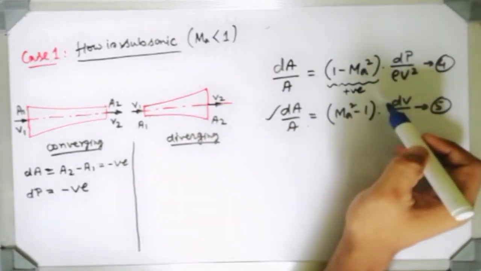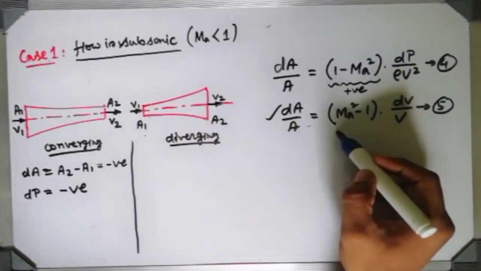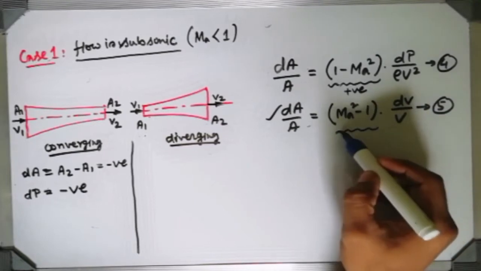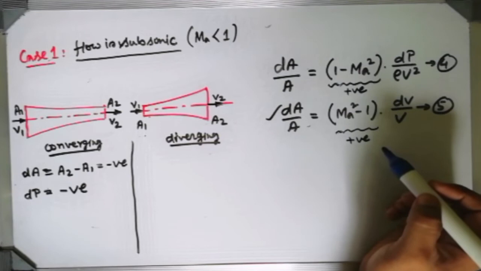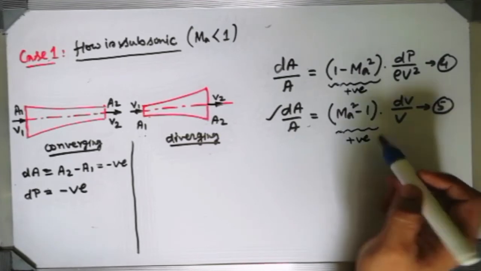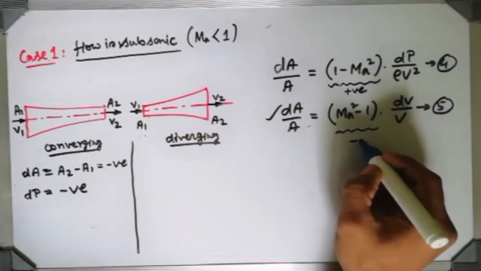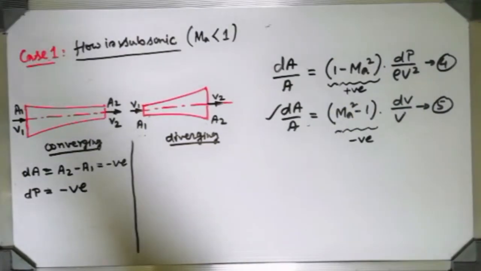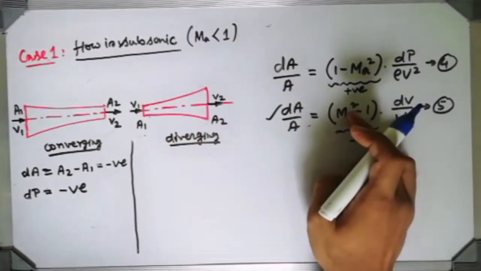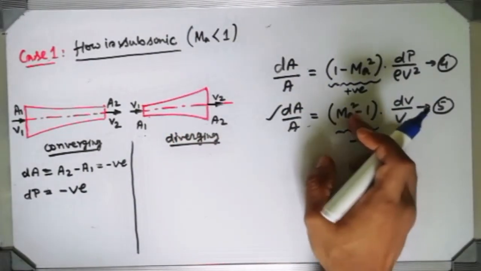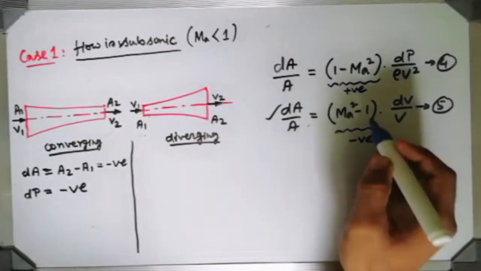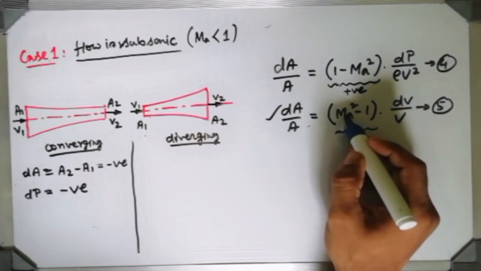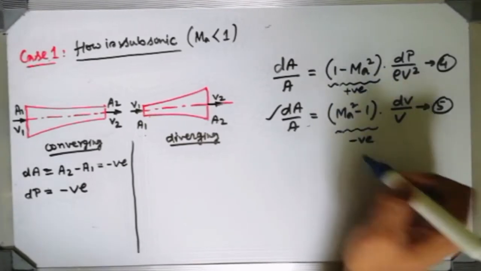And coming to this equation, is this part also giving you a positive value? No, it is giving you a negative value. Why? Because Mach number is less than 1, so a small value when squared becomes even less. So Ma square minus 1 will give you a negative result, isn't it?